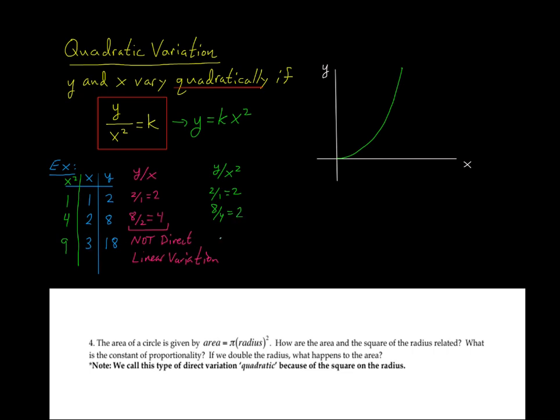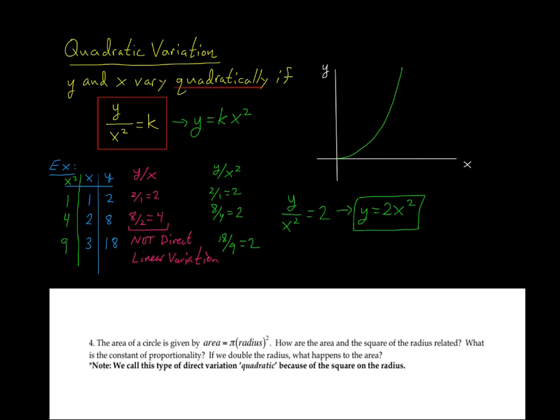And then 18 to 9. So I see here now that this ratio of y to x squared is always the same. Y over x squared is 2. This 2 would be our k value, the constant of proportionality. And another way to write this would be y is equal to 2x squared. So this is a good example of quadratic variation.